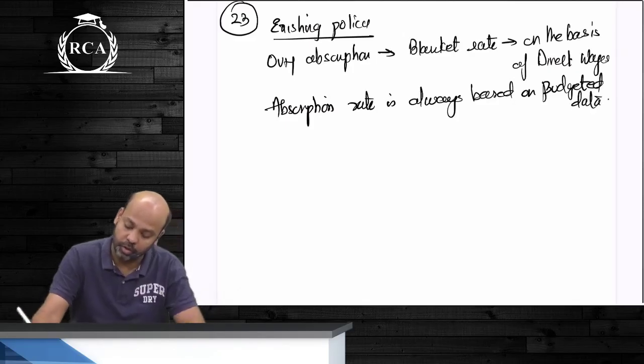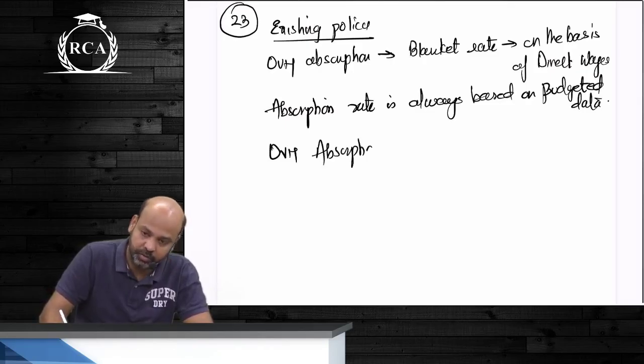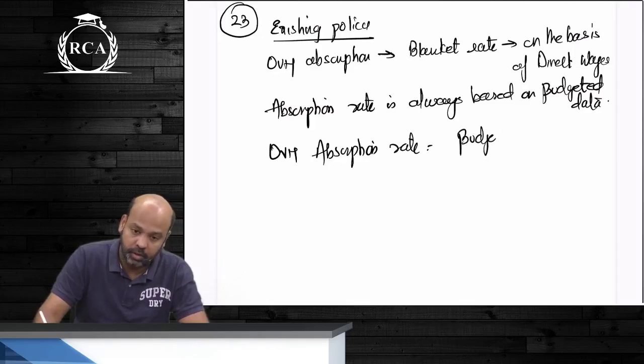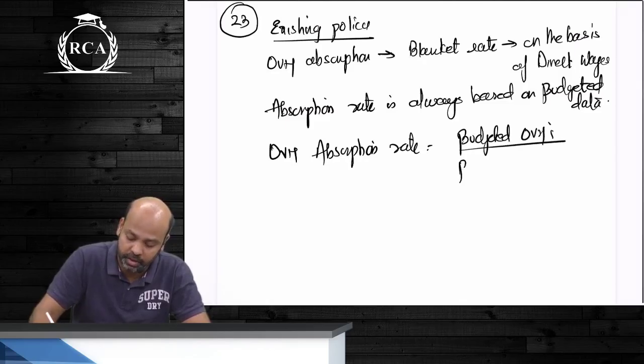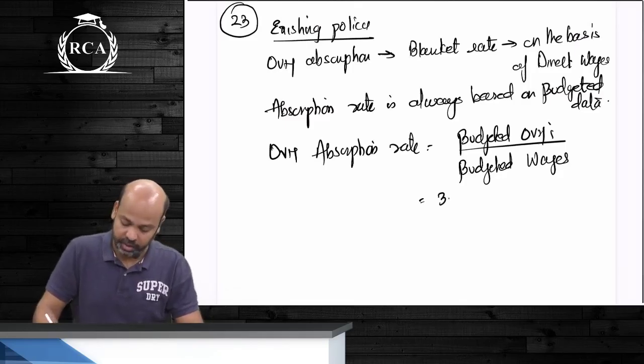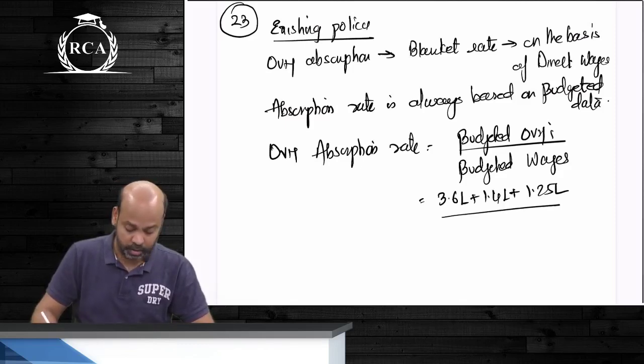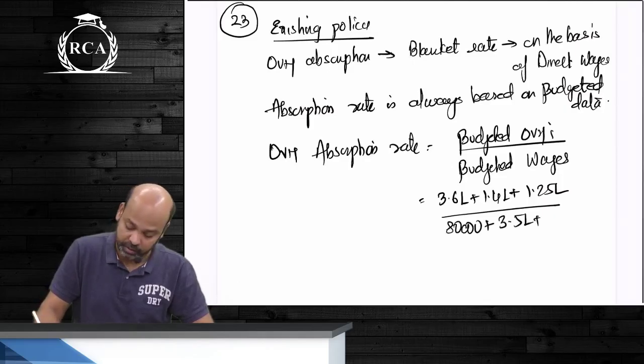So what will be your overhead absorption rate? You will write budgeted overheads divided by budgeted direct wages. Budgeted overheads, guys, of all the departments, 3,60,000, 1,40,000 and 1,25,000, divided by, वो अलग लिख रहा हूँ ताकि बाद में confusion ना हो, 80,000 plus 3,50,000 plus 70,000.